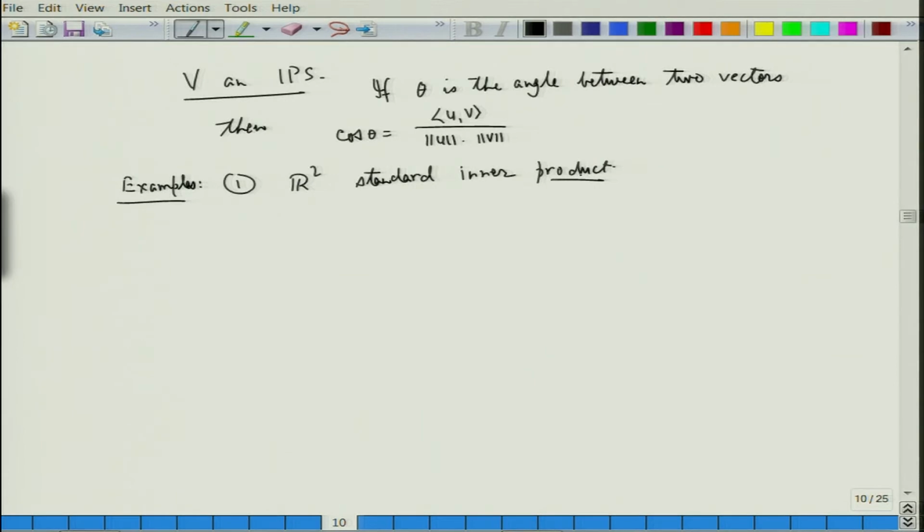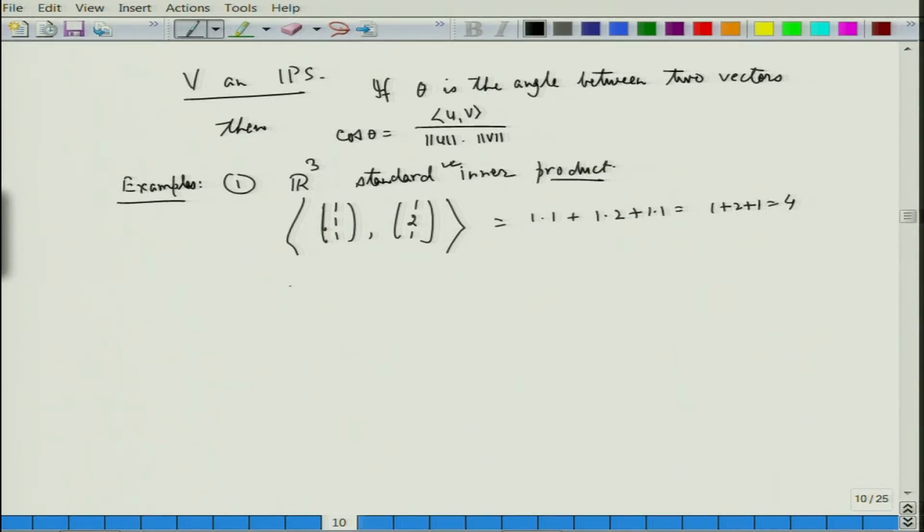Or in R3, let me put it R3, then I want to find the inner product of the vector 1, 1, 1 and 1, 2, 1. Just compute it. Since I am looking at a standard inner product, it is 1 into 1 plus 1 into 2 plus 1 into 1, which is same as 1 plus 2 plus 1, which is 4.